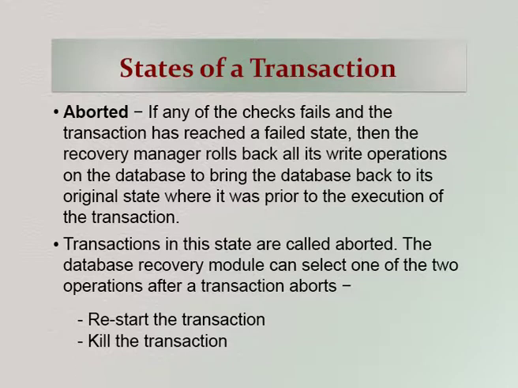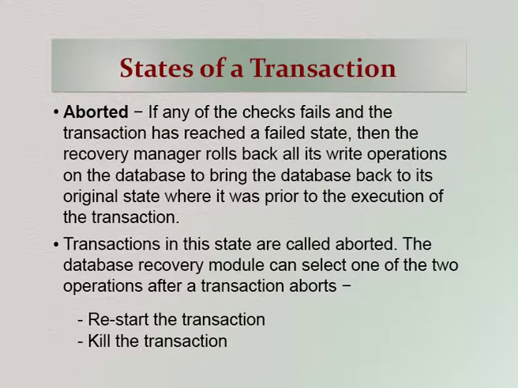Suppose some tasks have happened and at some point the checks failed, and we have not given any commit command. All the operations up to that point will be reverted and it comes back to its start state. So, a transaction in this state is called aborted.